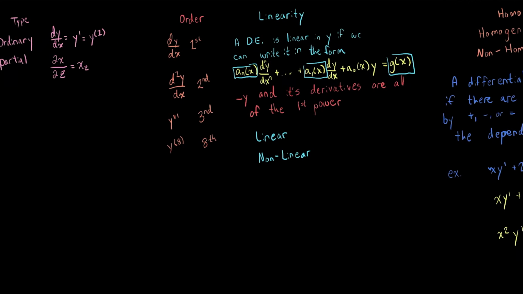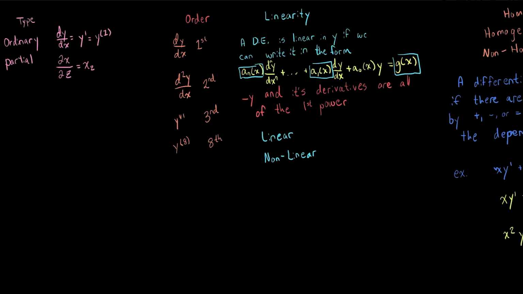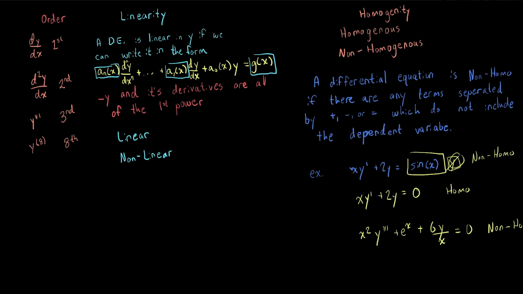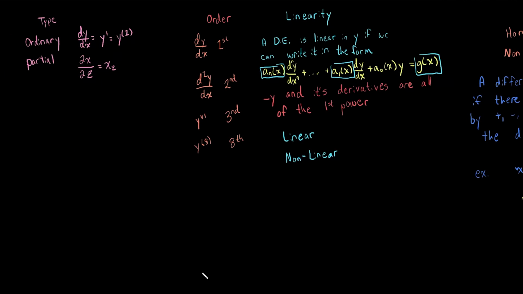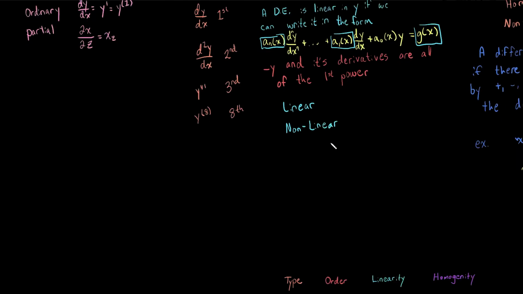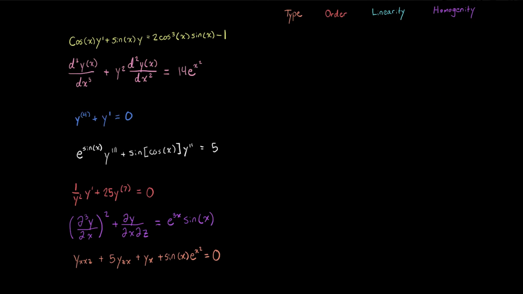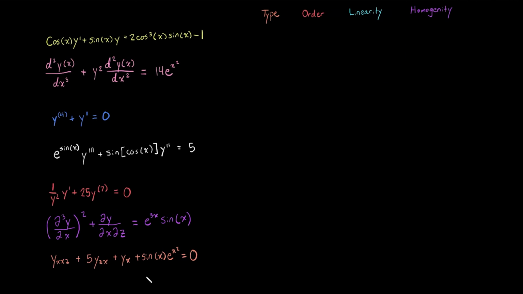Now, these are our different classifications. Just to reiterate, we have the type, the order, the linearity, and the homogeneity. Even if these haven't quite made sense to you yet, or you're saying to yourself, Jay, what are you teaching me? This is a little bit too much. It's okay. I also included some examples I wanted to go over just to make it a little bit easier.